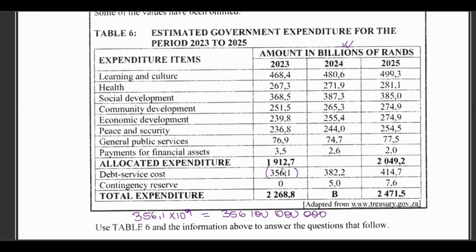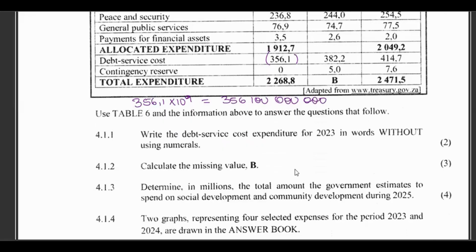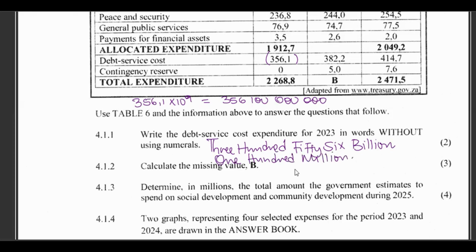So you remain with this much. So in words now, we shall say 356 billion, 100 million. That's the answer there.